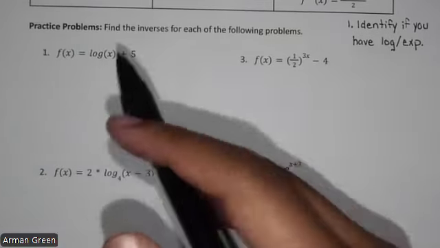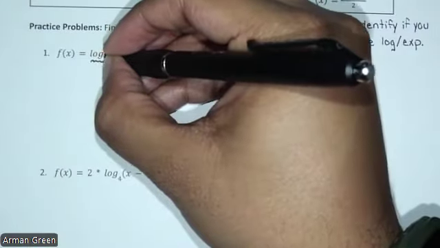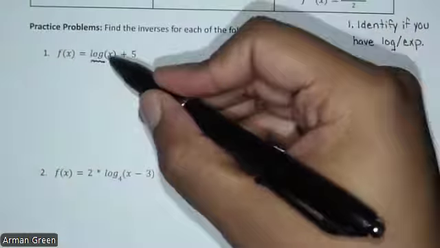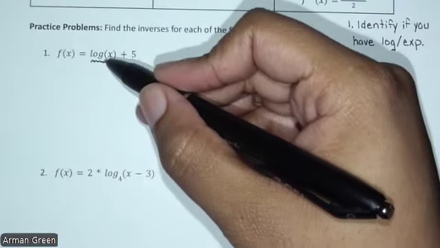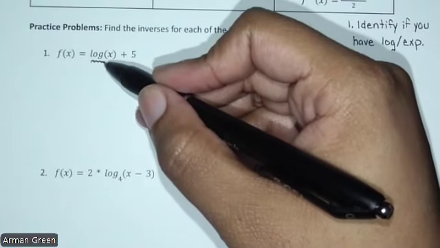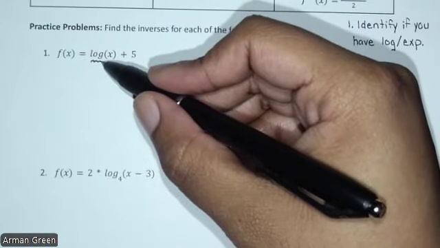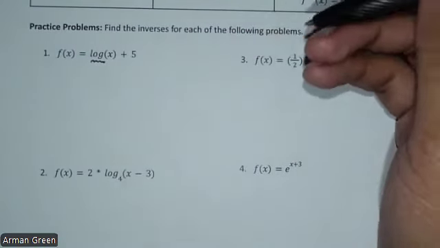In this case, for number one, clearly because we see the word log, we are dealing with a logarithm. If we're trying to find the inverse, we first have to ask, what's the inverse of a logarithm? If we go back, we said on page 27 that the inverse of a logarithm is an exponential function. So that's going to be our start.